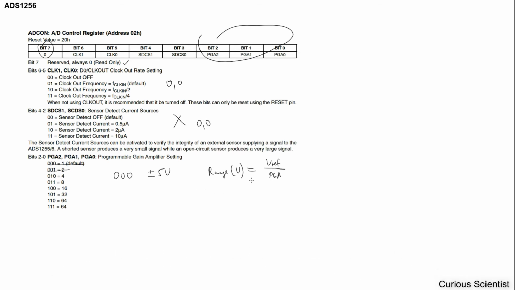If the reference voltage is 5 volts, then the range is plus minus 5 volts. Then if the PGA is increased, so you have the PGA set to 2, then the range is 2.5, and if it's on 4, then it's 1.25, and then plus minus 0.625, and so on.